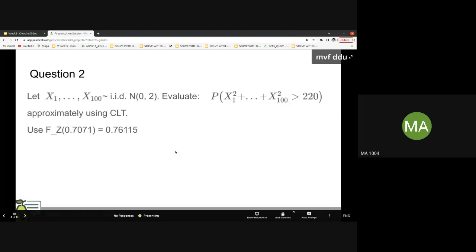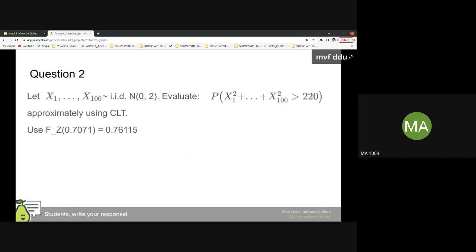Okay. Let me show the second question and people try this. So there are again 100 random variables which follow IID normal 0, 2. Now you have to approximate using CLT.